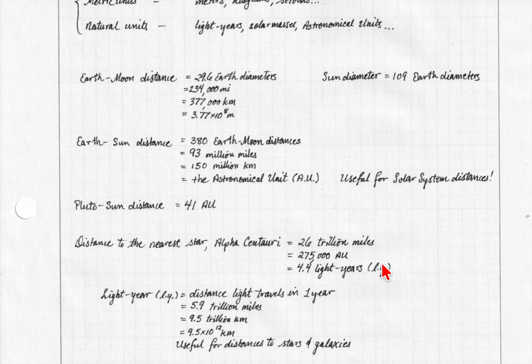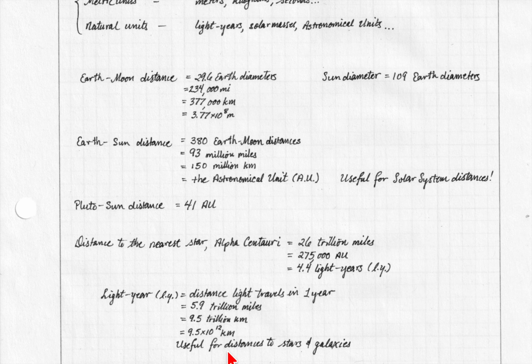Which is 5.9 trillion miles, just shy of 6 trillion miles, or 9.5 trillion kilometers, almost 10 trillion kilometers. We can write that as 9.5 times 10 to the 12th kilometers, or times 10 to the 15th for meters.